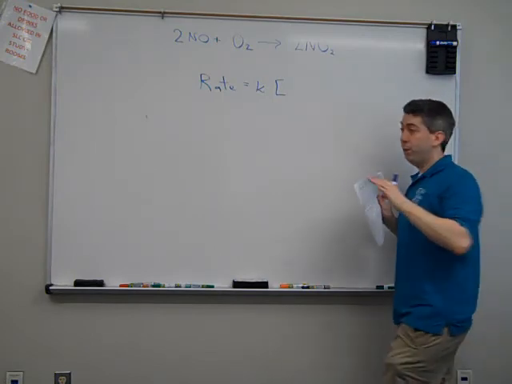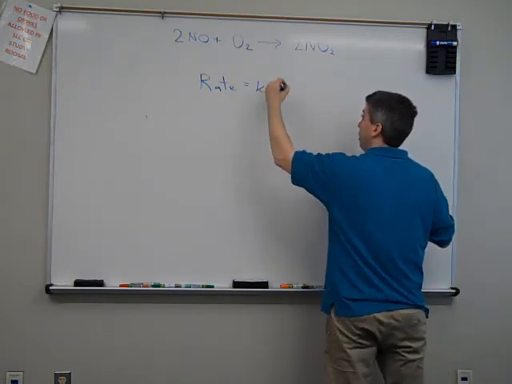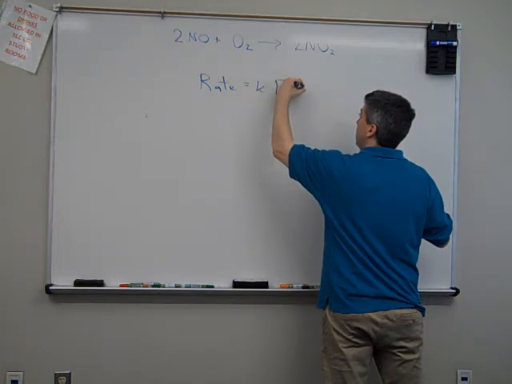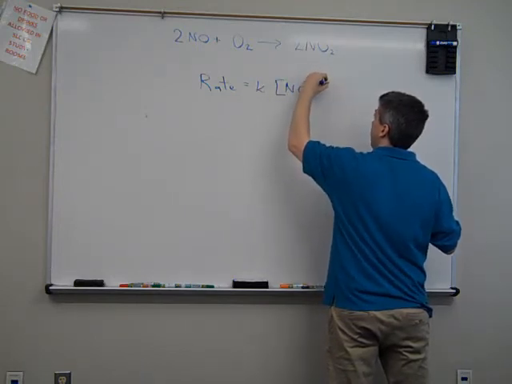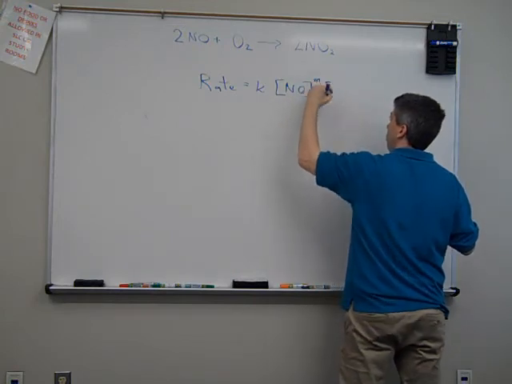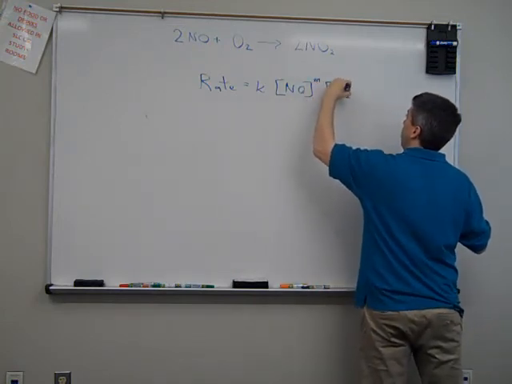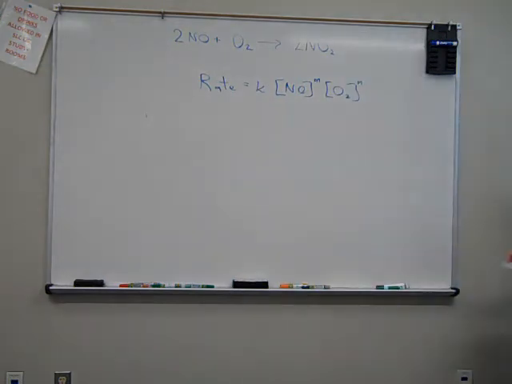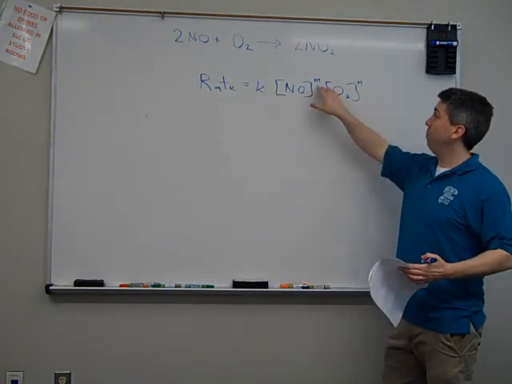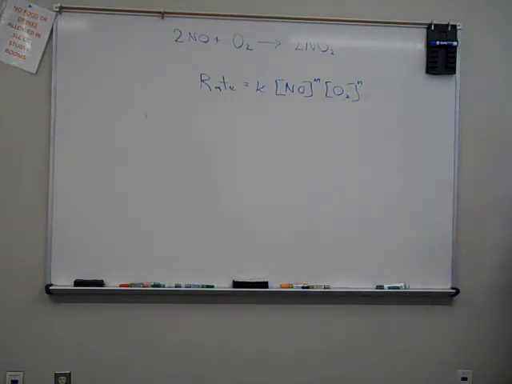It's just focused on the reactants, based on the collision theory of reactions. So NO can be, let's say, to the m power, because I don't know what the power is, times O2 to the n power. So rate is equal to k[NO]^m[O2]^n.